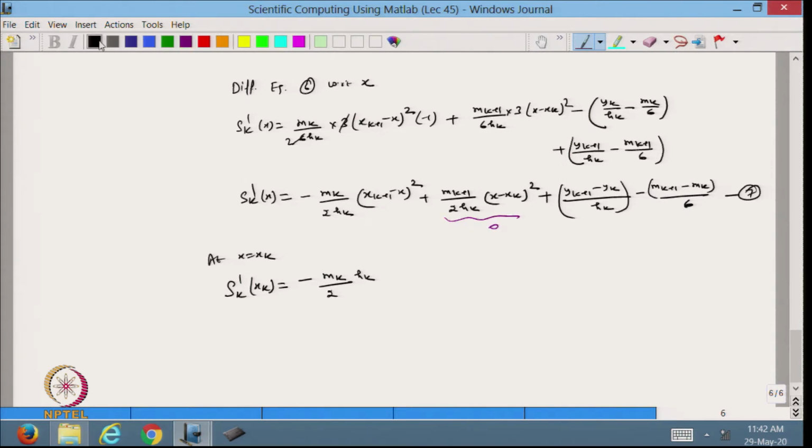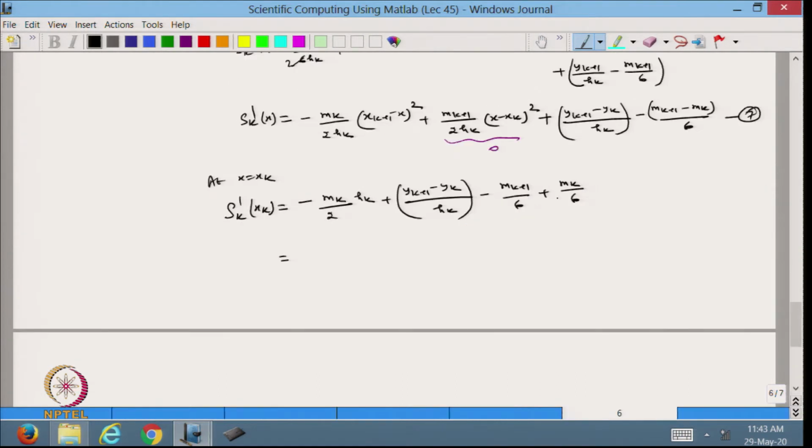So I will get yk plus 1 minus yk by hk, and from here minus mk plus 1 by 6 plus mk by 6. So from here I can just take this value common.